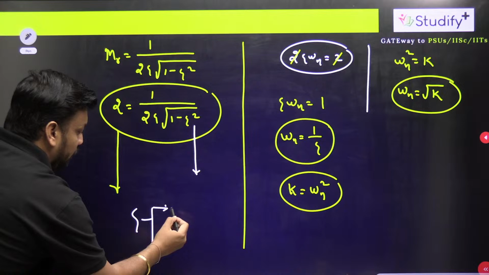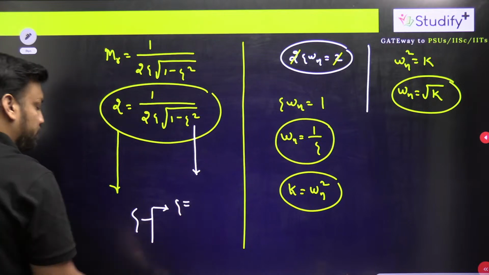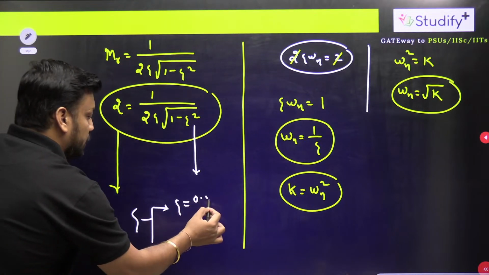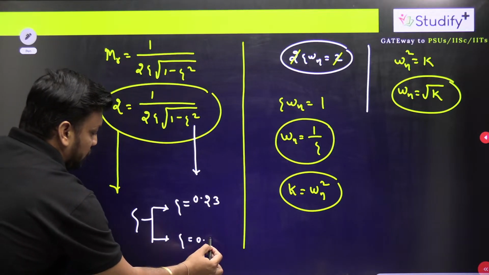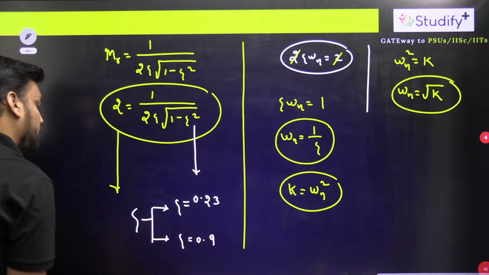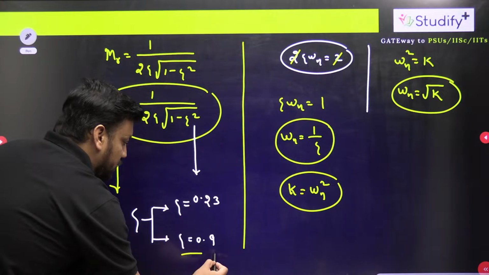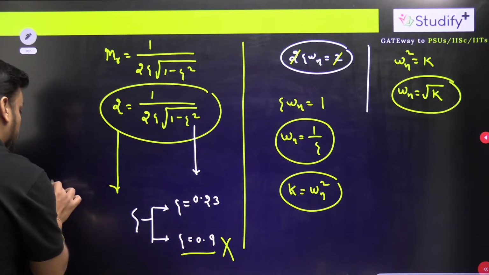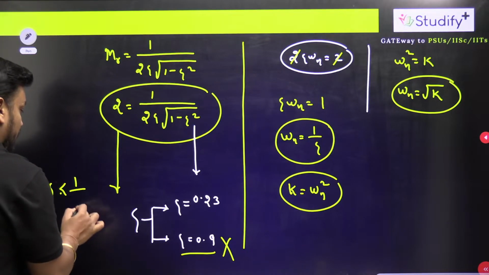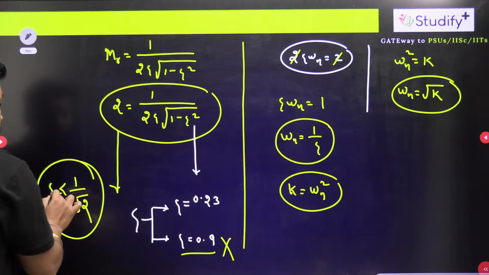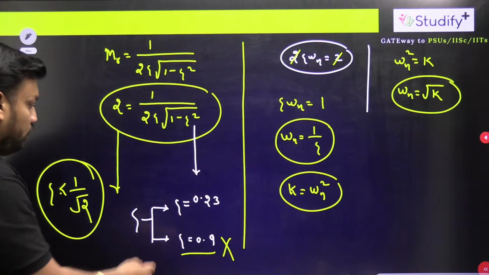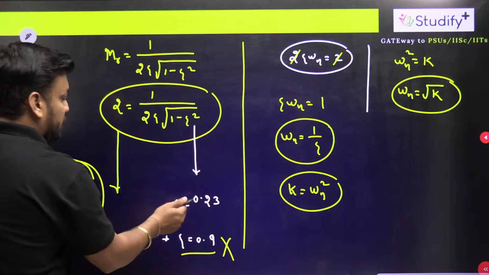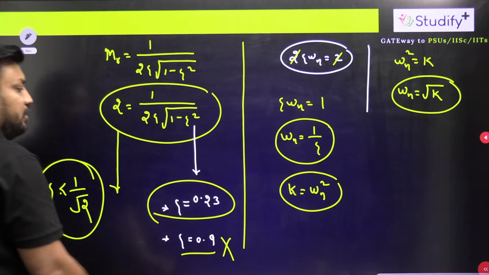One value is near 0.23 something, and one value is 0.9 something. So this value is invalid, because for Mr to be valid, zeta must be less than 1 by root 2, that is less than 0.707. Of the two zeta values from this calculation, only this value is valid.